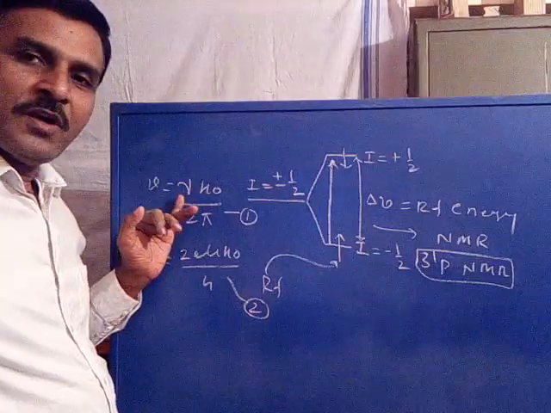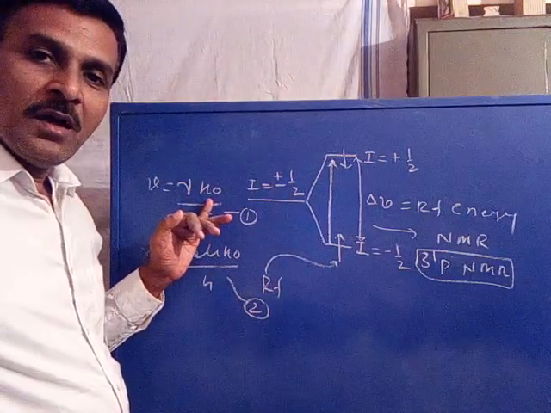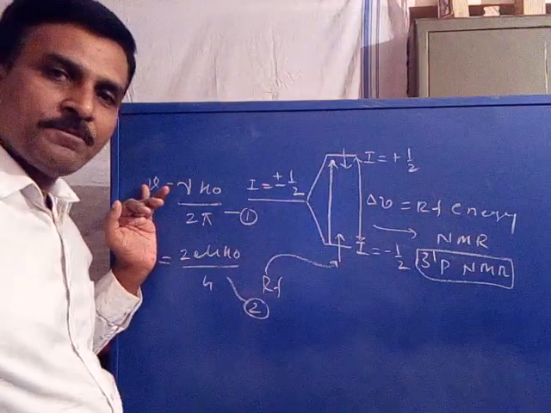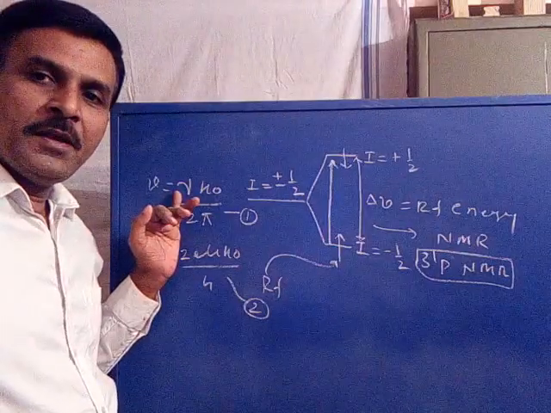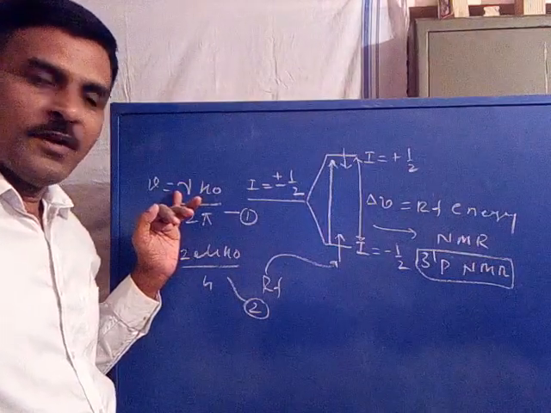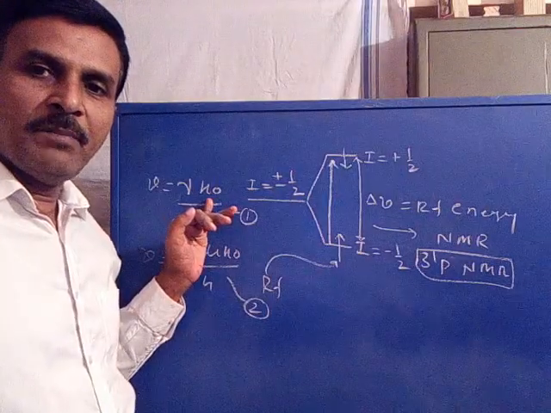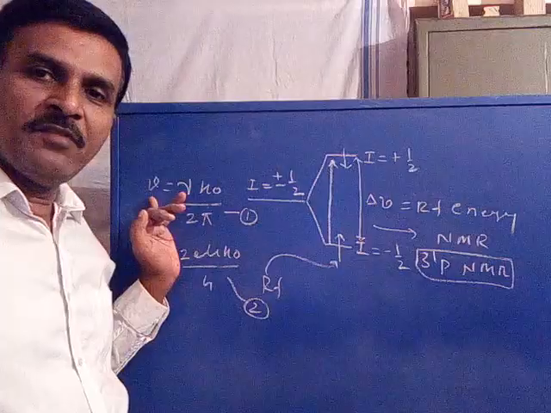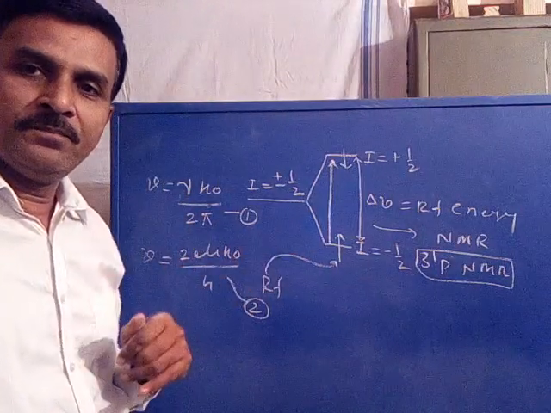If we substitute the gamma value of fluorine and H0 applied to the fluorine nuclei, then we will get the absorption frequency of fluorine. In the same way, if we substitute the gamma value of phosphorus nuclei and H0 applied to the phosphorus nuclei, then we will get the absorption frequency of phosphorus. So the principle is the same for all.